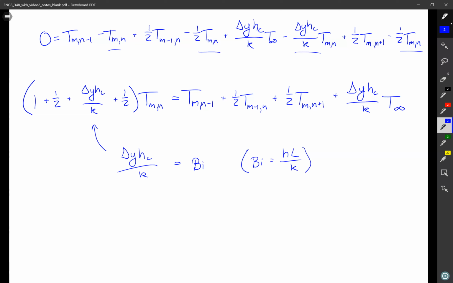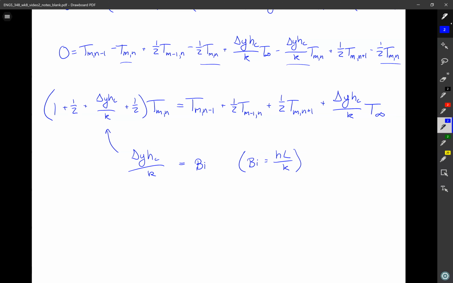So this is really a Biot number, which is describing how convection is happening. The Biot number looks at the ratio of convection to conduction to see which is faster, or which wins, which weighs more. So we see this Biot number crop up.